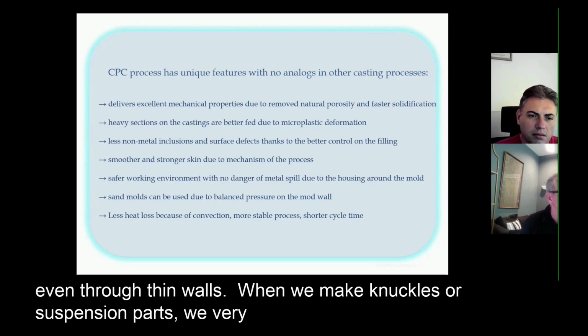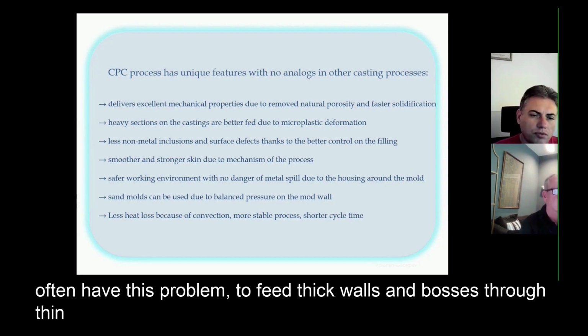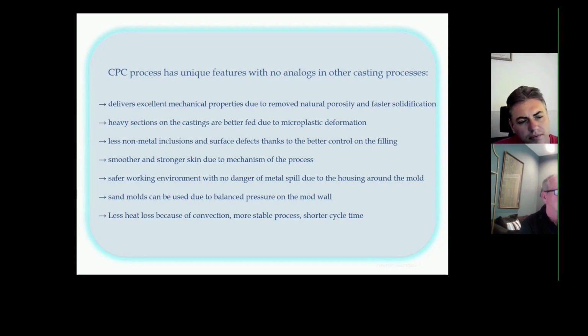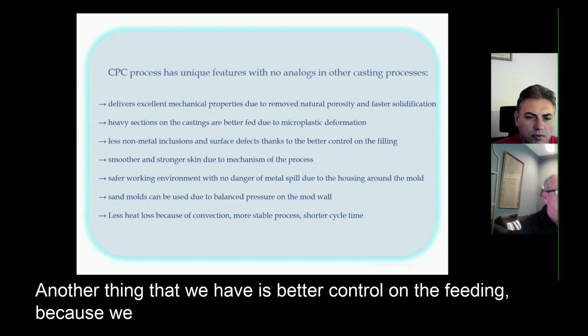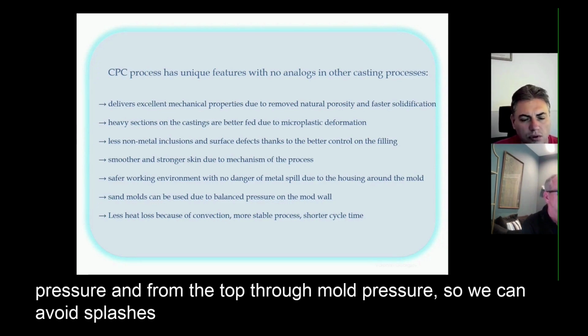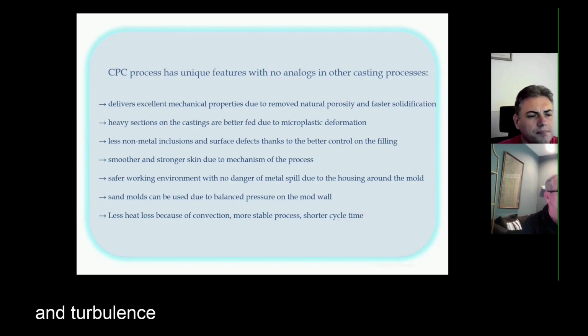When we make knuckles, suspension parts, we very often have this problem to feed thick walls and bosses through thin walls, and CPC helps a lot in this case. Another thing that we have is better control on the filling, because we work on both ends on the alloy, from the bottom through the furnace pressure and from the top through mold pressure, so we can avoid splashes and turbulence during the filling.